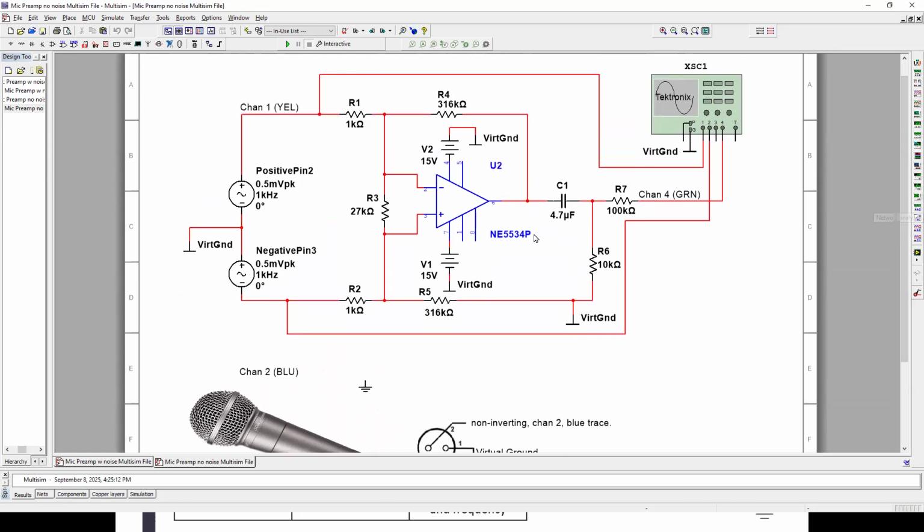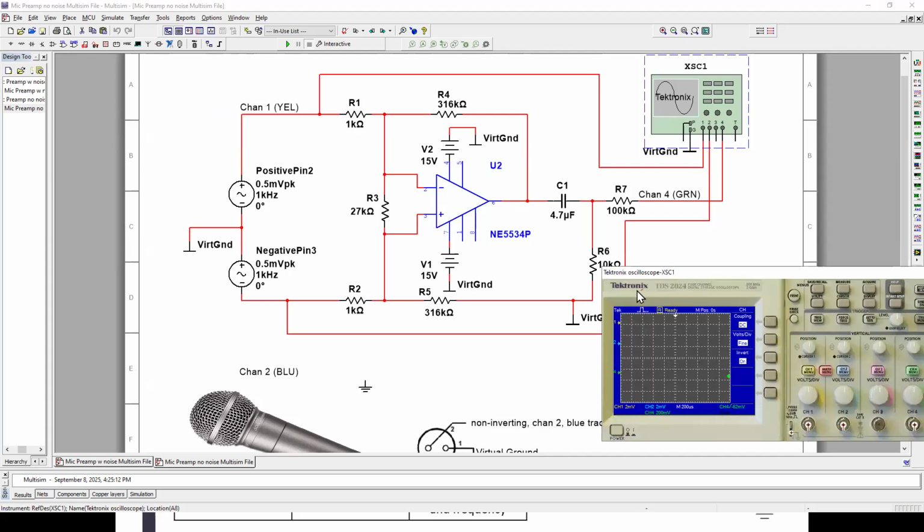All right, so we have the signal and its mirror image being supplied. Let's see what the oscilloscope is going to show us. I'm going to turn that on. Oh, look. We have one signal on one pin, and on the other pin we have the other signal, just a mirror image.